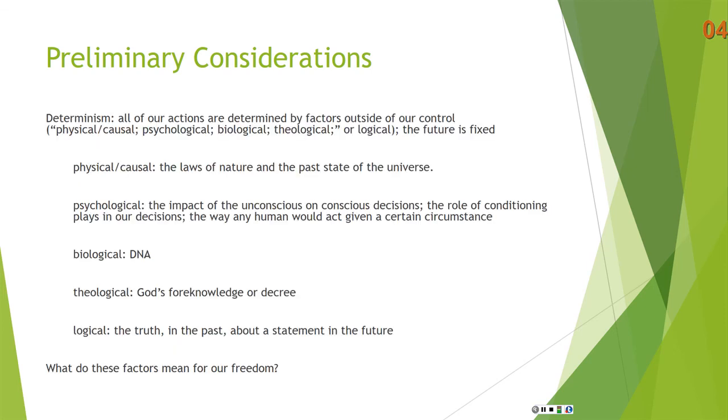So what is determinism? In James Rachels's article, I think it's called The Case Against Free Will, he goes into all of these issues. So this slide is based off of that article. And he defines determinism as follows. All of our actions are determined by factors outside of our control. In other words, the future is fixed. What does that mean? That there's no way that the future is going to change.